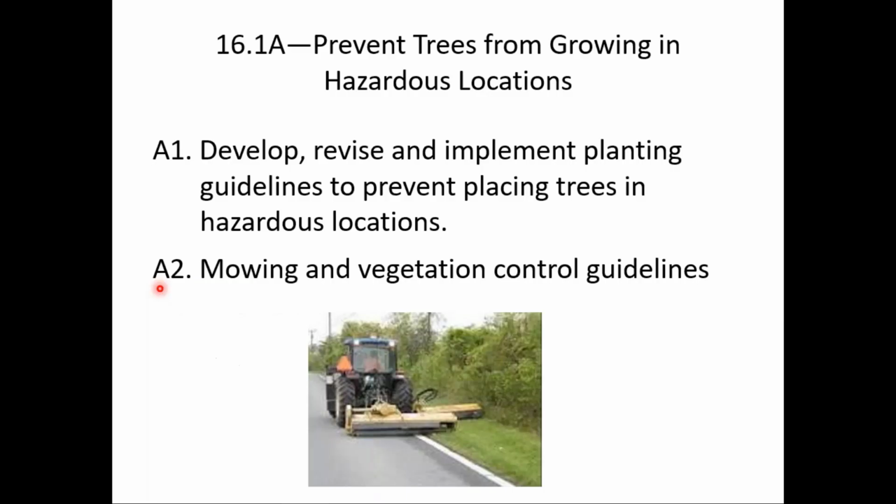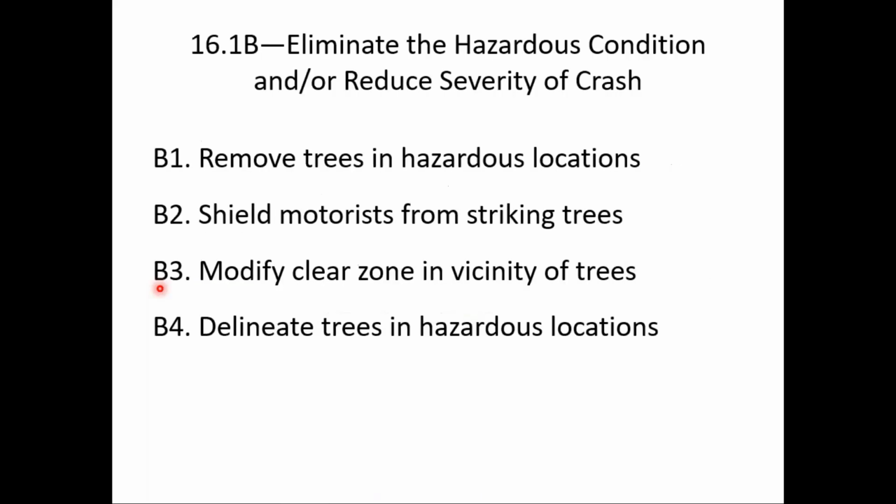So prevent trees from growing in hazardous locations: maybe develop, revise, and implement planting guidelines to prevent placing trees in hazardous locations, and have mowing and vegetation guidelines to address these things. To eliminate the hazardous condition or reduce the severity of the crash, if we can do it, remove trees from hazardous locations.